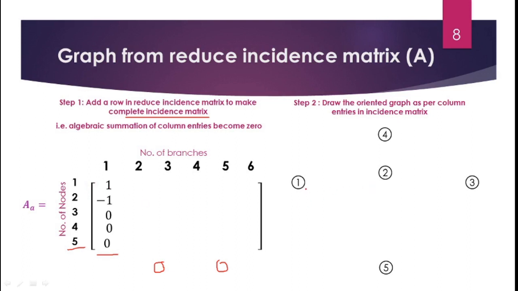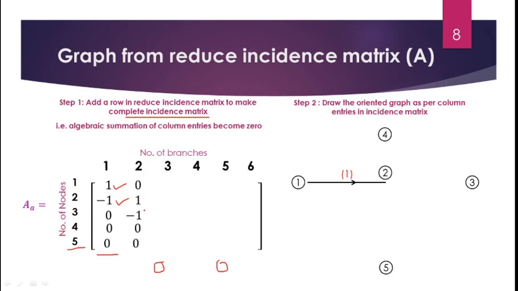We know that if the branch is incoming for a node, it is taken as -1, and for outgoing, it is taken as +1. So branch 1 is outgoing from node 1 and incoming for node 2. Then for branch 2, let's check the column entries.